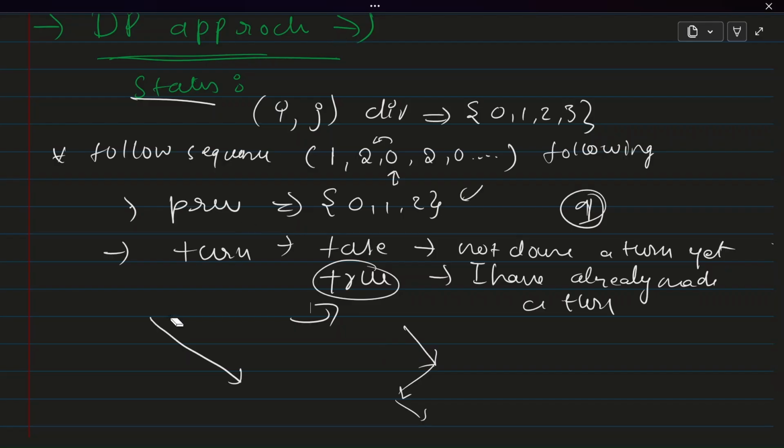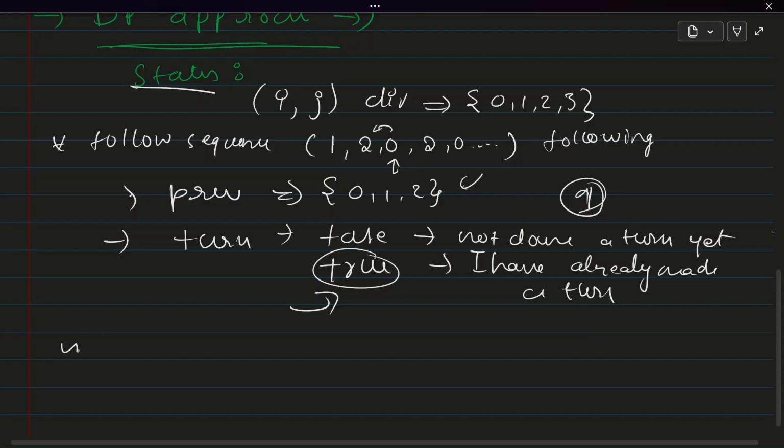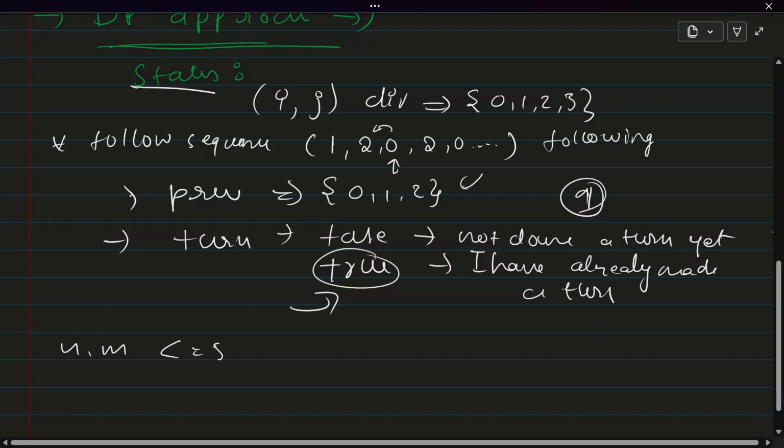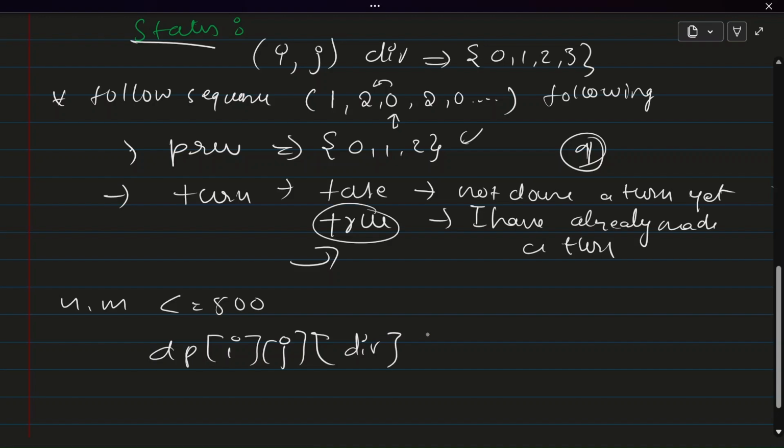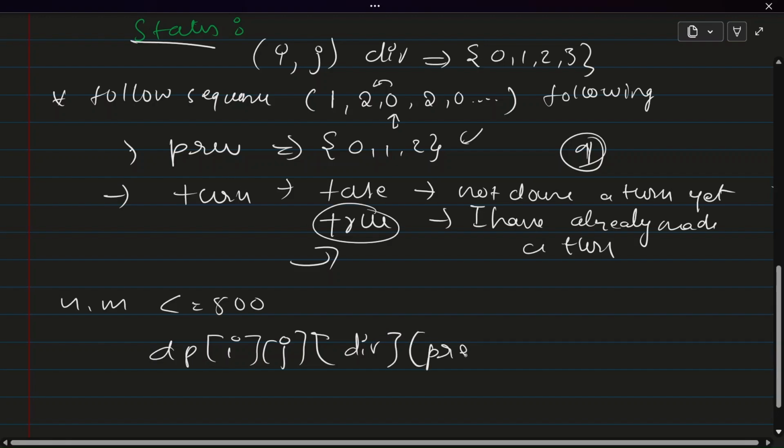So let me write down the states properly. As given in the question, the n by n size of the grid can be less than or equal to 500, right? So what will be the states? It will be dp of i j, that is the indexes, then direction, then the previous one, and the last one is the flag or turn.